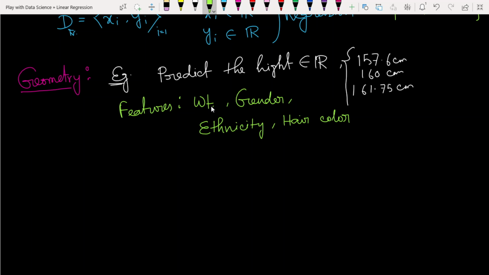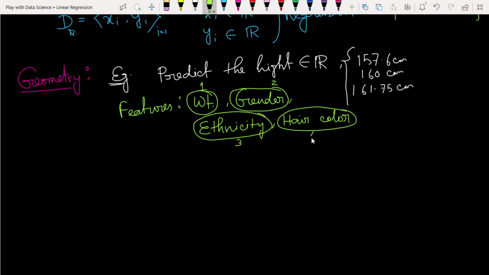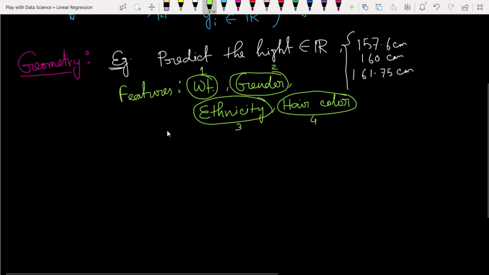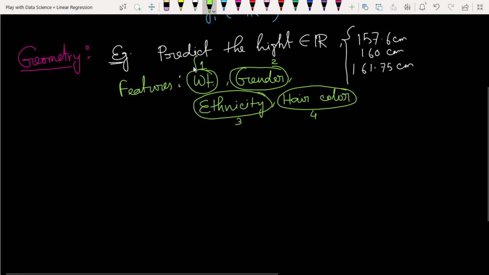So here we have taken these 4 features: the first is weight, the second is gender, the third is ethnicity, and the fourth is hair color. In other notation we call them F1, F2, F3 and F4.